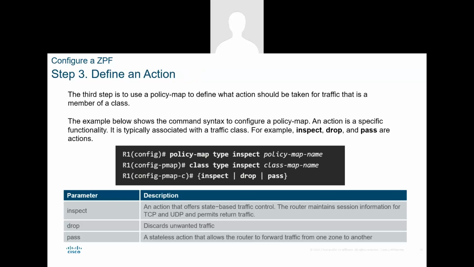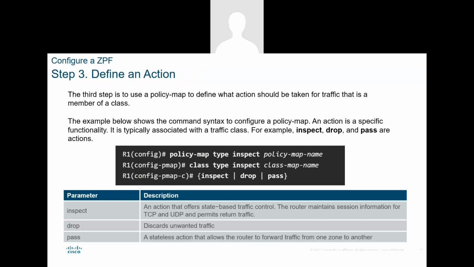Those actions are based on class maps that were defined in the previous step. We see in the example here we have our policy map type, class type inspect, and the code that shows the command syntax for configuring a policy map.